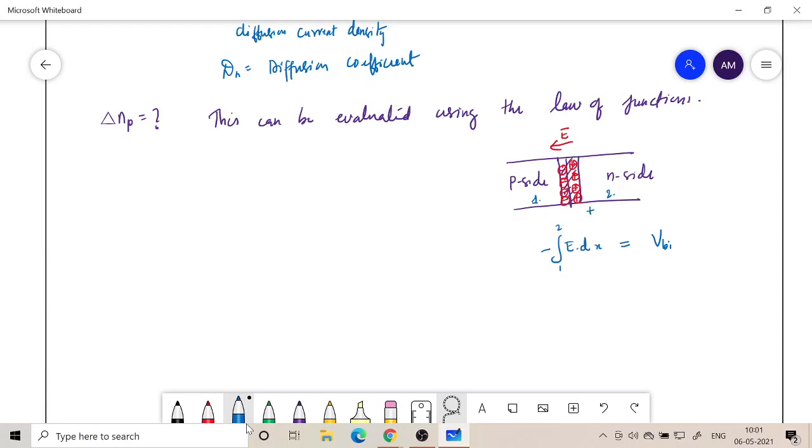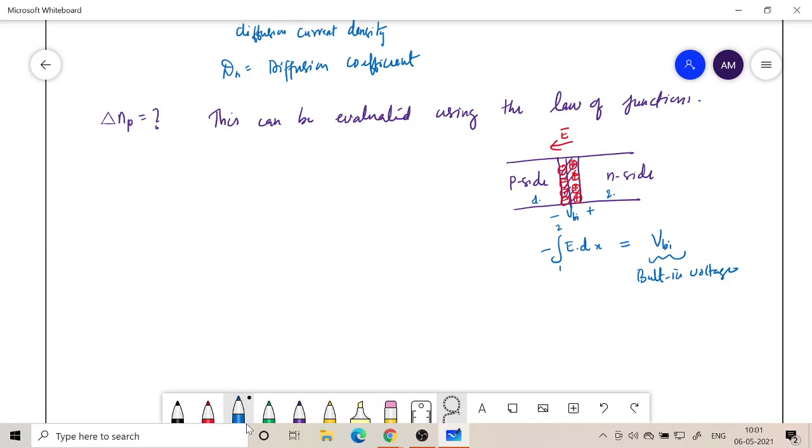So there is going to be a voltage that is developed, which I am going to call VBI. The subscript stands for built-in voltage. Okay, so built-in voltage will be reached, and the magnitude of the built-in voltage depends upon the condition of equilibrium.